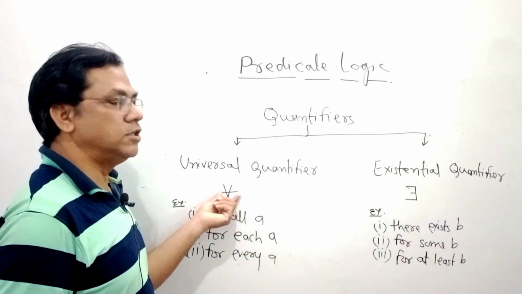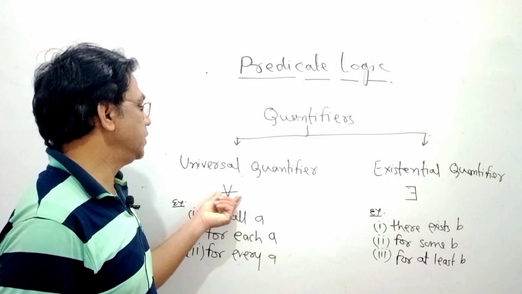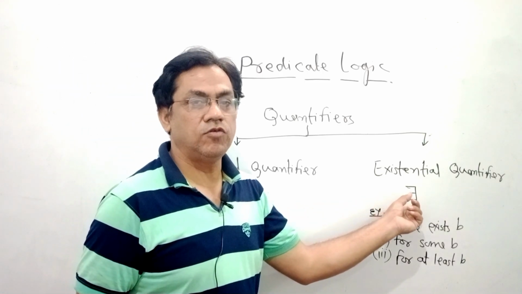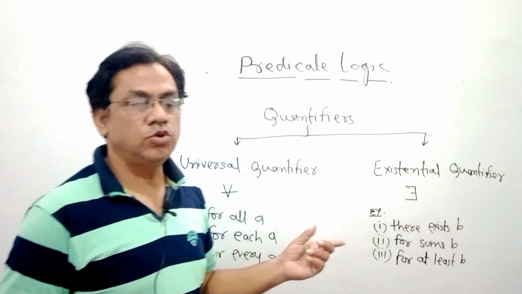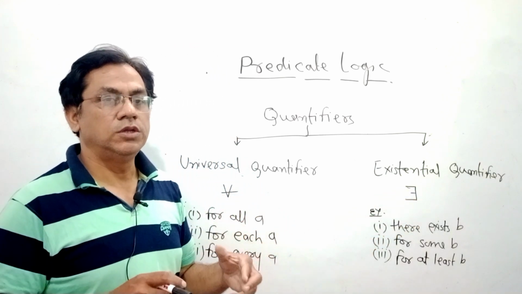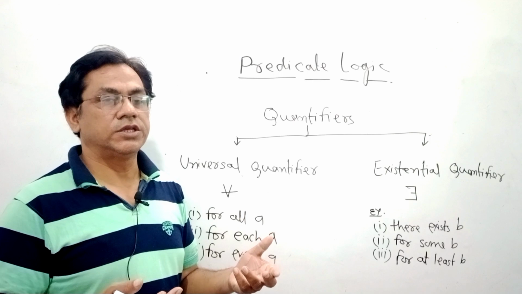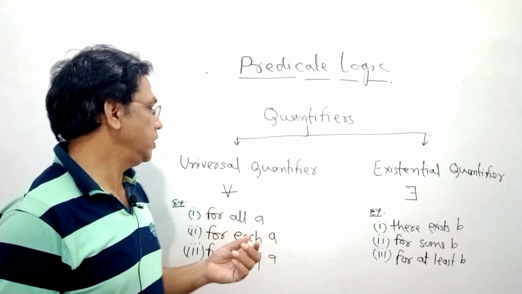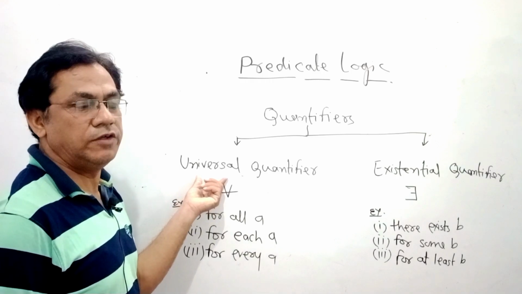This is the symbol used for the universal quantifier and this is the symbol used for the existential quantifier. If I want to show that all objects are fully related to another object, we use the universal quantifier.